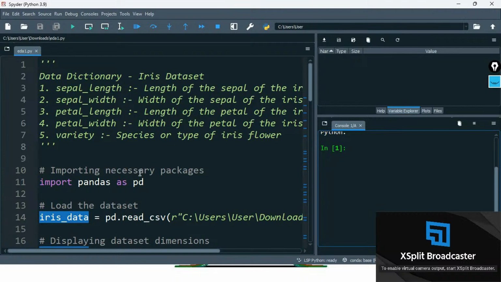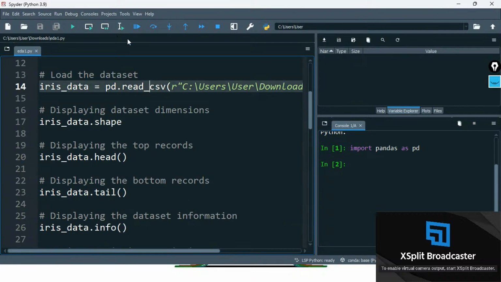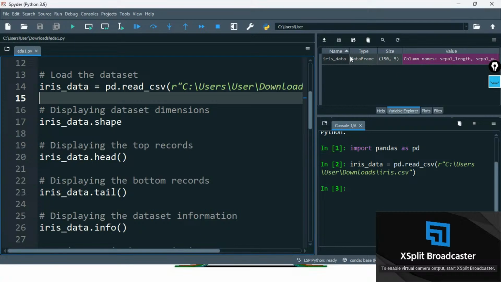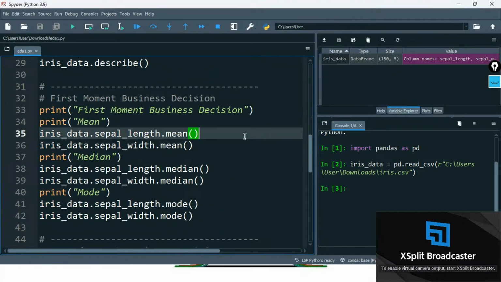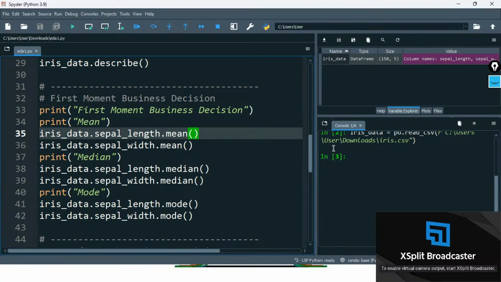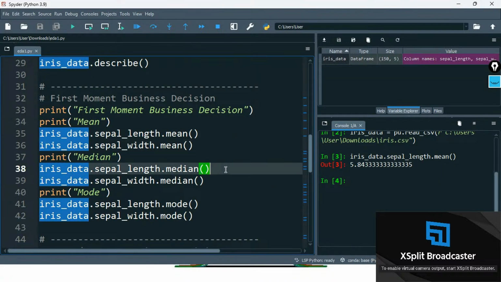So I'm importing pandas, then reading the data from a CSV file, the same data, friends. I'm calculating the mean using the mean function over the sepal length column. It is 5.84. Now on the same column, let me calculate the median.